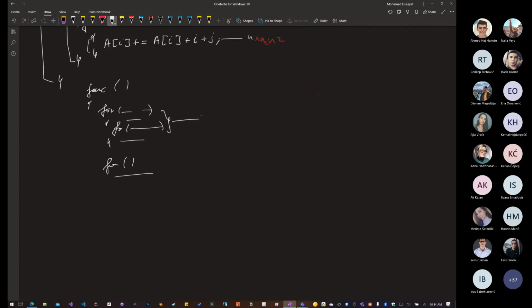This is going to be evaluated to n squared, and this is going to be evaluated to n, right? And your question is, it should be O of n squared, right? Is this what you want to ask?